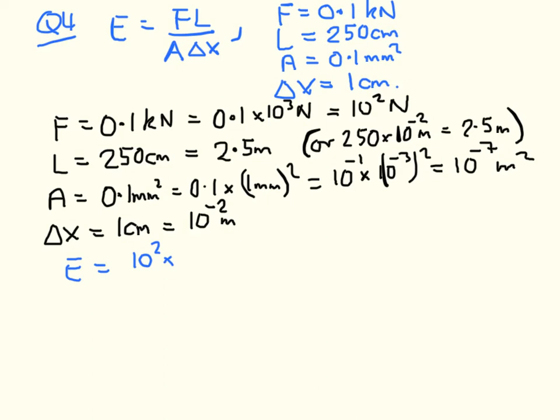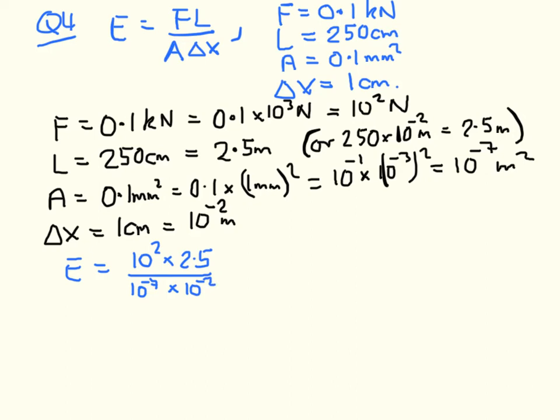L is given to us here, 2.5, and that's meters. And on the bottom we have the area, which was 10 to the minus 7 square meters, times delta X, which is 10 to the minus 2 meters.